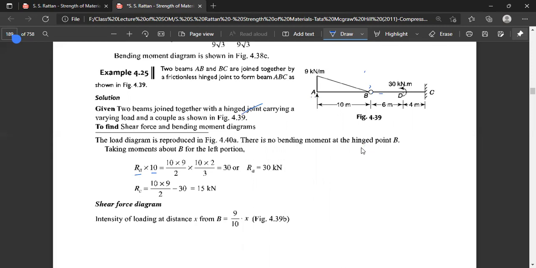So half into 10 into 9 is the loading, and it is acting at a length of 2/3 of the length L from this end.